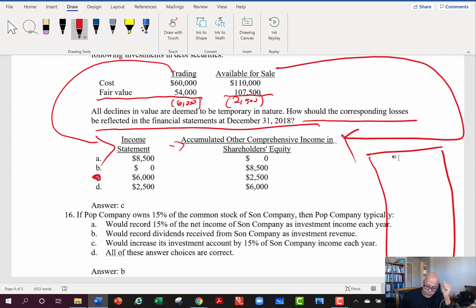Okay, we have what? I'm going to call this the statement of comprehensive income. Okay, and I know you learned this in another class, but it won't hurt us to review the statement of comprehensive income.